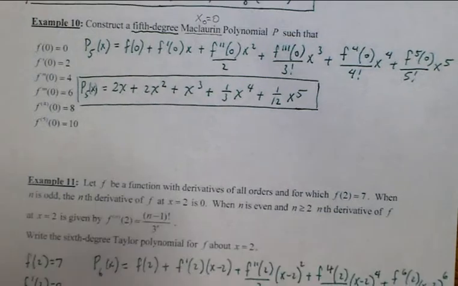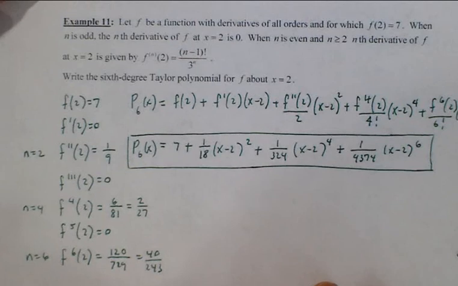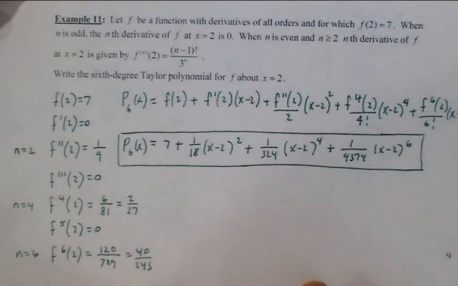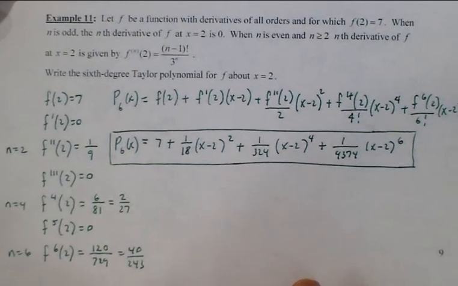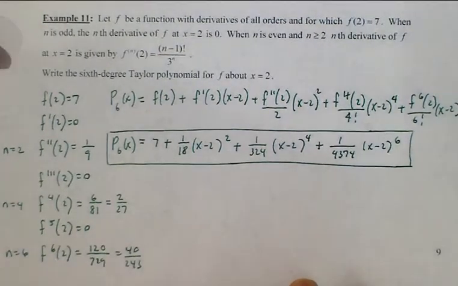Okay, and then let's look at example 11. Let f be a function with derivatives of all orders and for which f of 2 is equal to 7. When n is odd, the nth derivative of f at x equals 2 is 0.